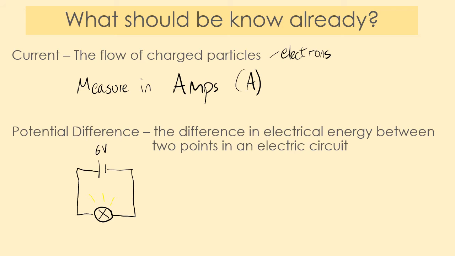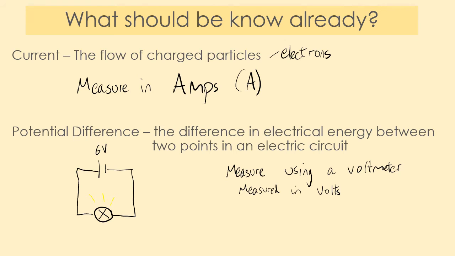Now to measure my potential difference, we're going to measure it using a voltmeter. And it's measured in volts. Now, unlike current, where the current will be the same at all points in the circuit, so it could be 4 amps here, 4 amps up here, 4 amps here, and so on, because it stays the same.